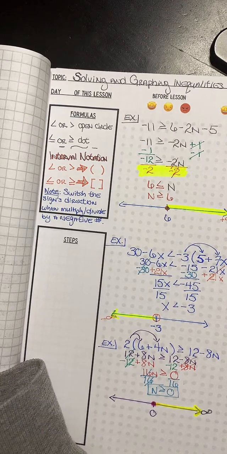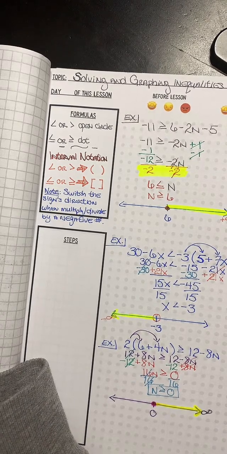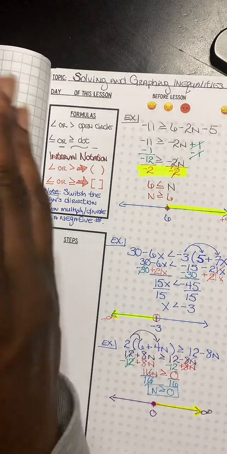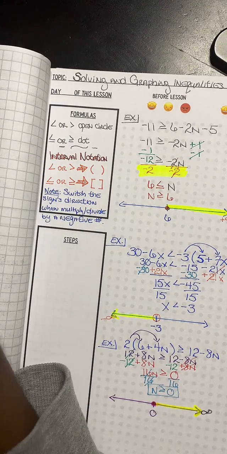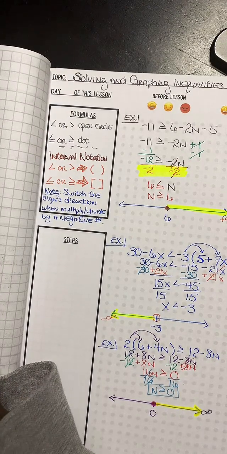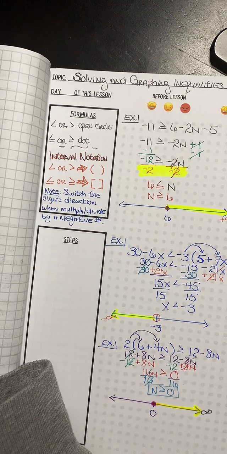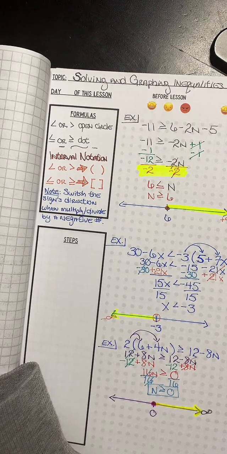It's going to be hard, and you're going to be overwhelmed. I'll do it, but you're going to be overwhelmed, right? And I don't want that to happen to you. I want you to understand every step of the way, so when it's time to take your final or any kind of assessment, you can say, all right, I feel pretty confident with this. I'd rather you go in with confidence than go in there scared.